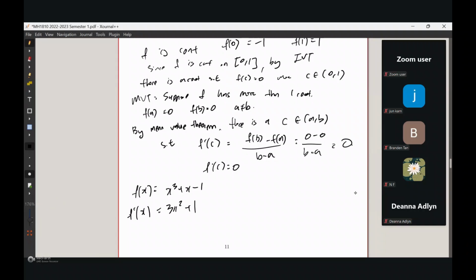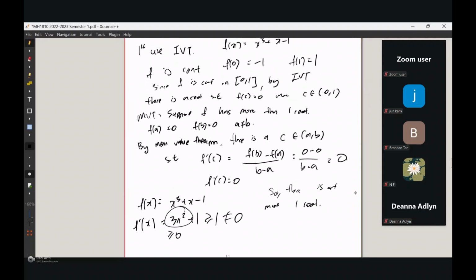It will never be 0, right? 3x squared is always at least 0, so this is always greater than or equal to 1, which is never 0. This is impossible, which means it's impossible for me to have two roots. So there is at most one root.